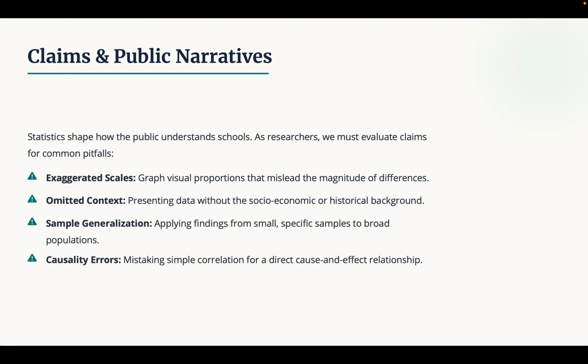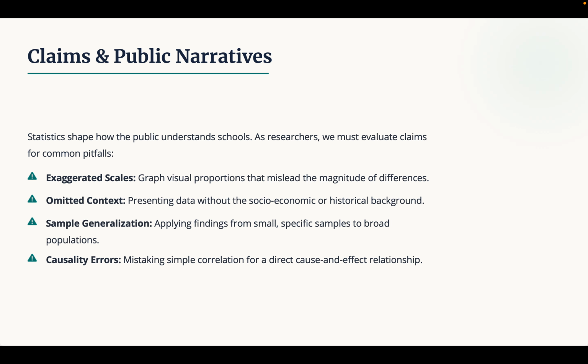Statistics shape public narratives about schools, students, and communities. Educational rankings, accountability systems, standardized testing reports, and media headlines often rely heavily on statistical comparisons. But statistics can be communicated responsibly or irresponsibly. For example, graph scales may exaggerate differences. Important contextual information may be omitted.